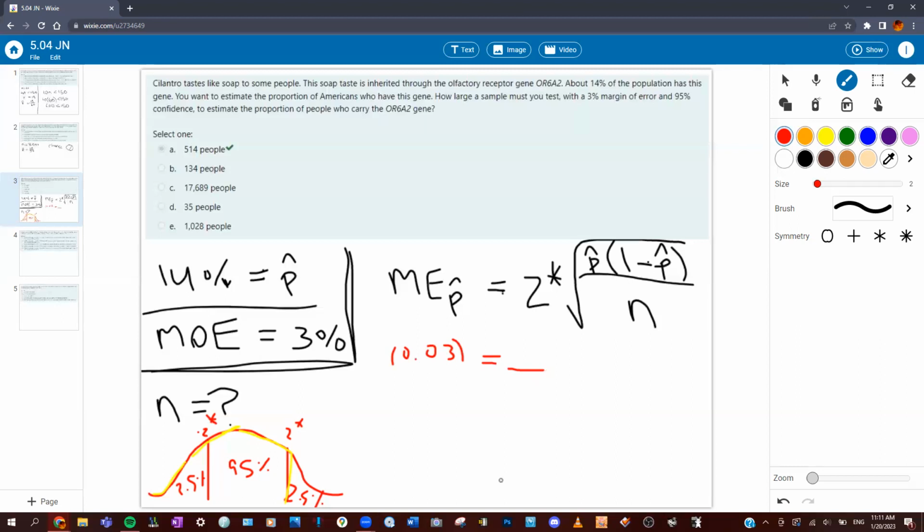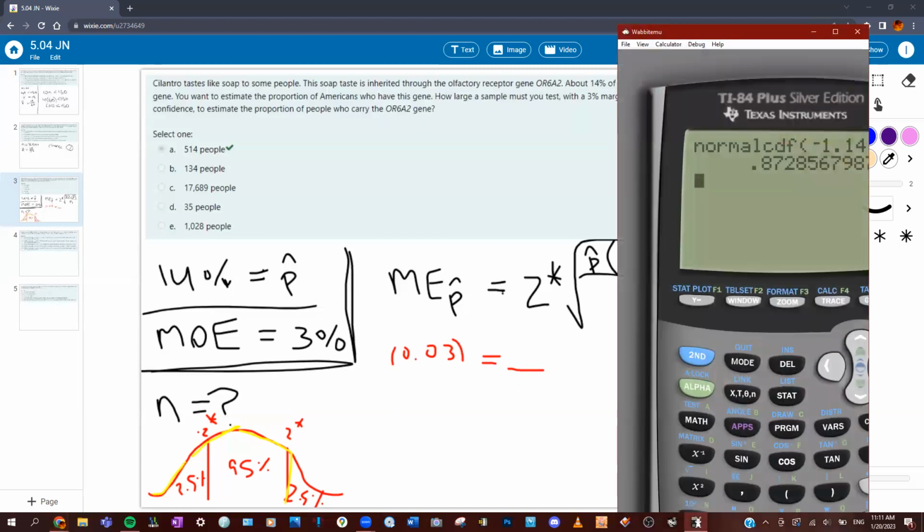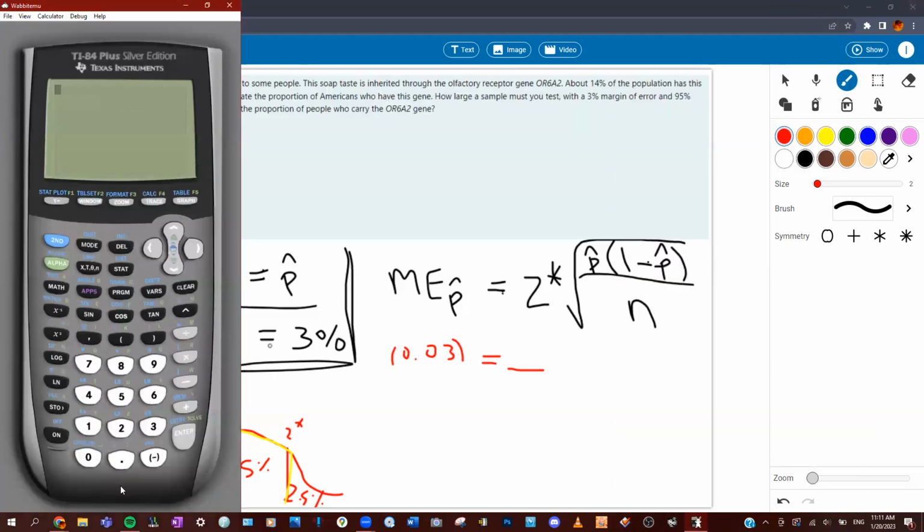We have to do our inv norm thing. So here's what we do. It's not hard. So second, vars, inv norm, and then type in. It might be different than this if you have a more modern calculator. You can just make sure that that standard deviation is 1 and mean is 0.